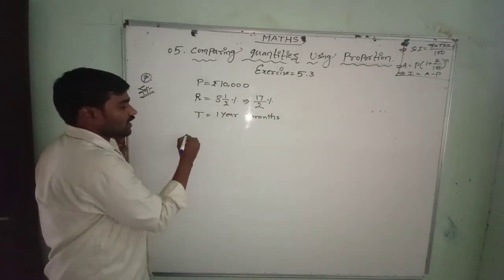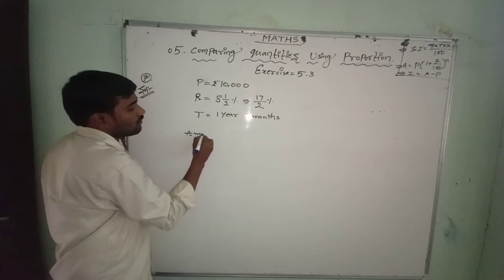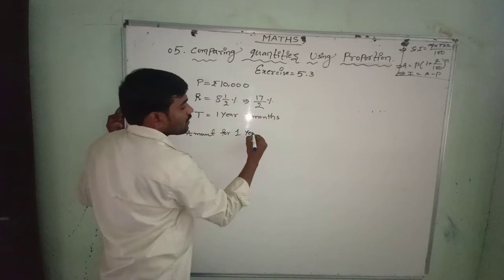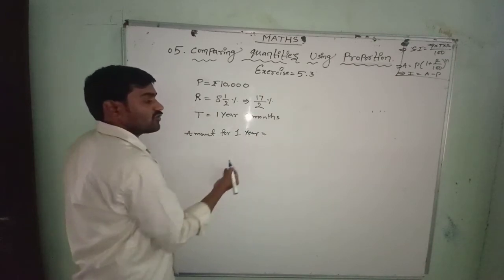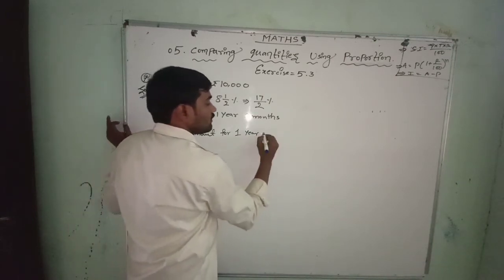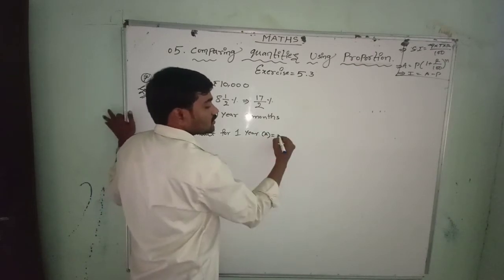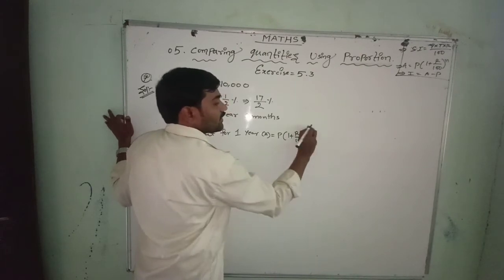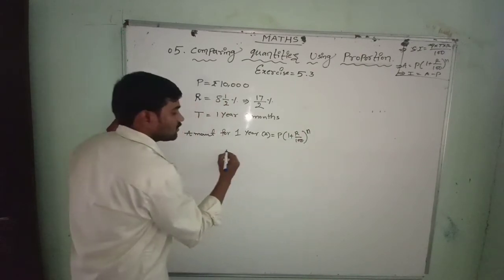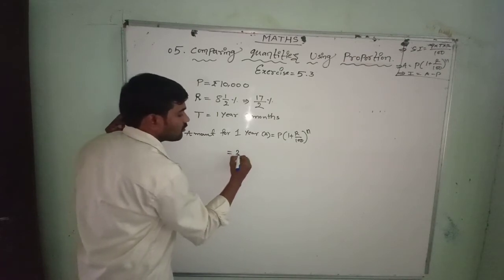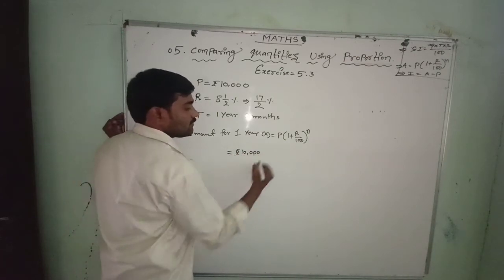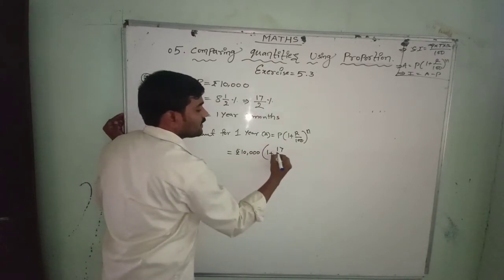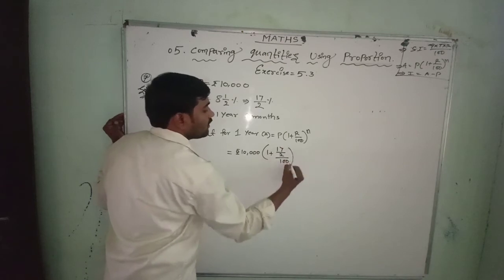So first the amount for compound interest. The amount for 1 year, A equals P into (1 plus R by 100) to the power of n, where n equals 1 year. So that equals 10,000 into (1 plus 17 by 2 whole by 100) to the power of 1.